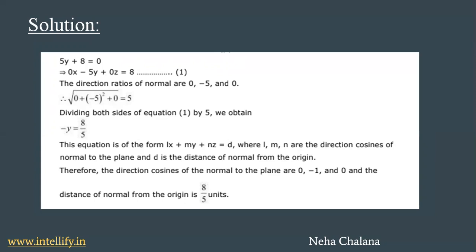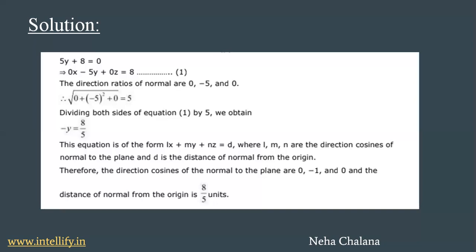For this, we have direction ratios as 0, -5 and 0. Now we will convert to direction cosines by dividing by the square root of the sum of squares, so we have the value 5. After dividing it, we get the equation minus y equals to 8 by 5.